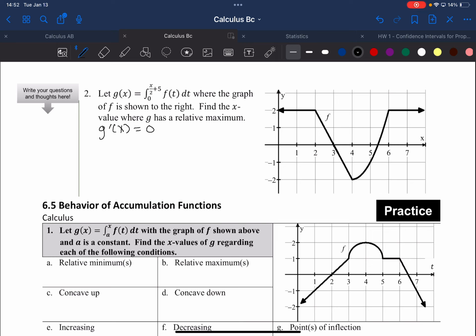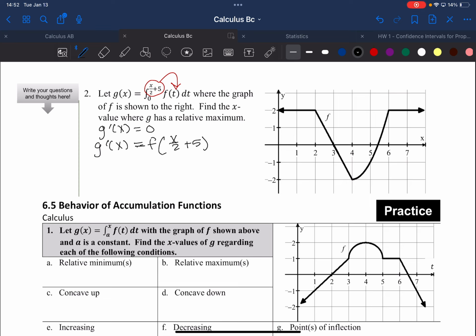Remember, since g is an integral, if we take the derivative of an integral, it ends up canceling out. And instead of writing f of t, where t is our placeholder, we're going to take that upper bound and plug it into t. So really what we have is that g prime of x is equal to f of x over 2 plus 5 times what?